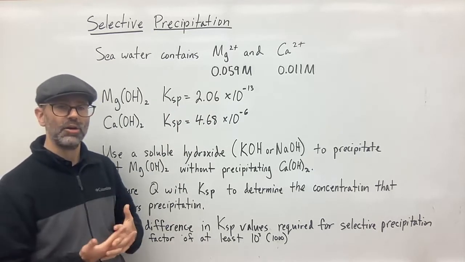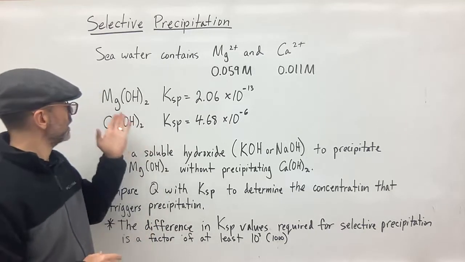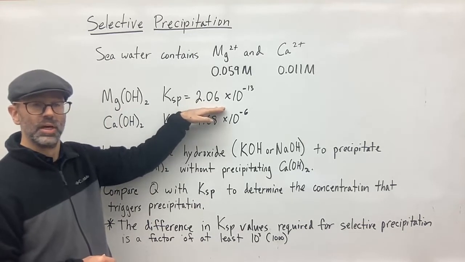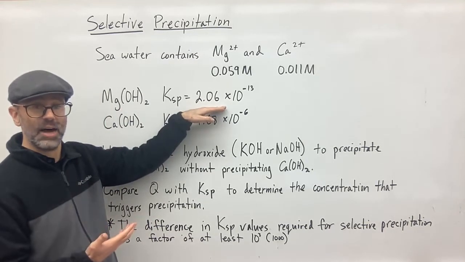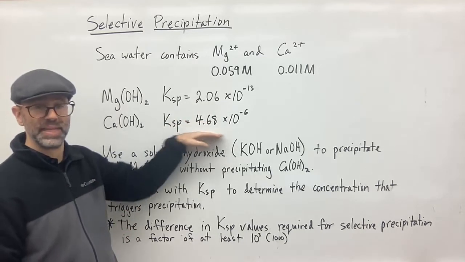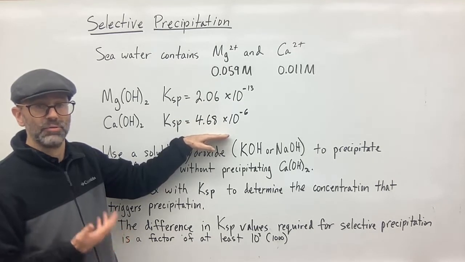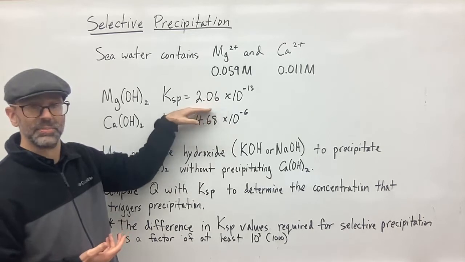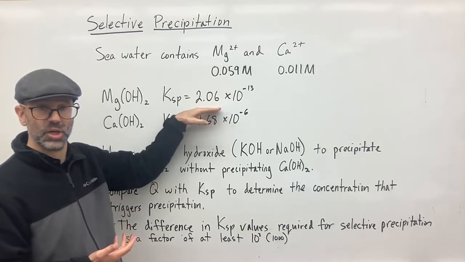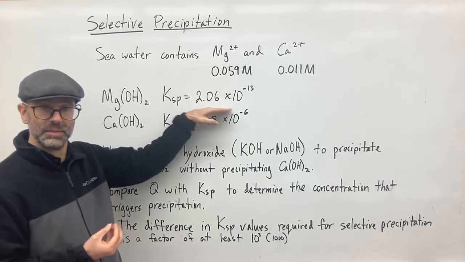Okay, so how could we selectively remove one or the other? Well, since your magnesium hydroxide is so much less soluble, this is going to precipitate out with less concentration than this. In order to get this to precipitate out, you'd have to up the concentration of your ions a bit before it'll precipitate out. This one, since the KSP is so low and therefore the solubility is so low, it doesn't take very much ions to get this to precipitate out.